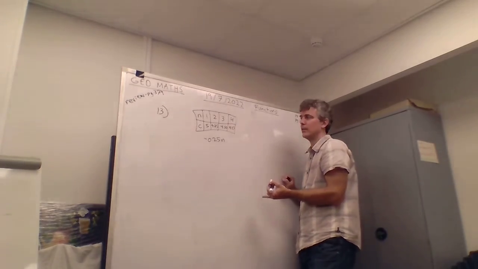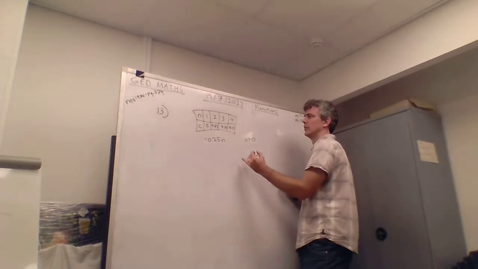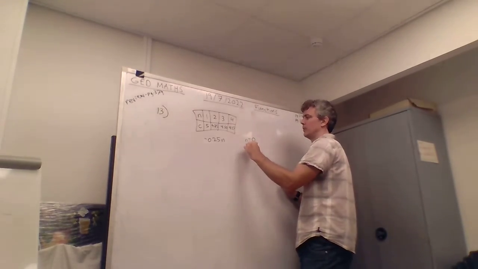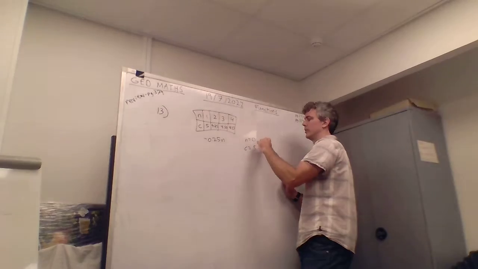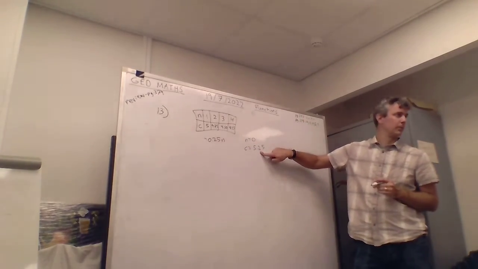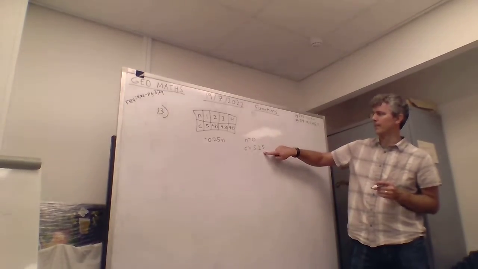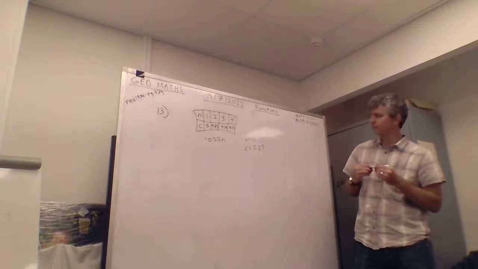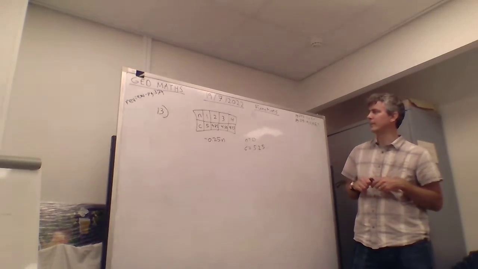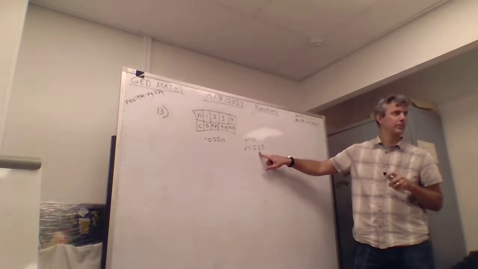So let's imagine n equals 0, c would be 5.25, so that when n becomes 1, it gets reduced by 0.25. So that means our intercept is 5.25.